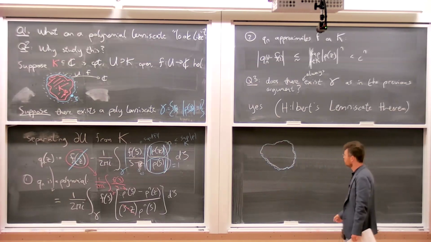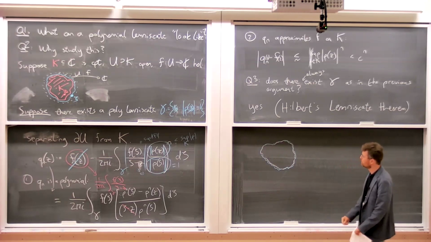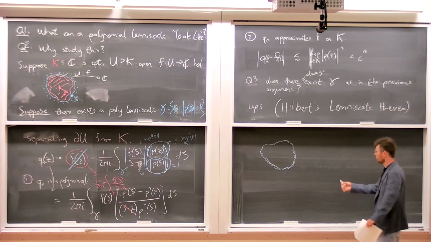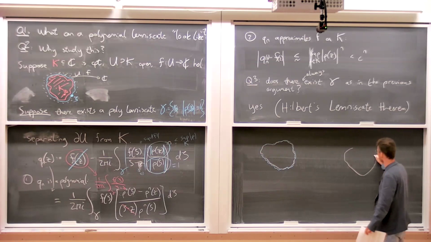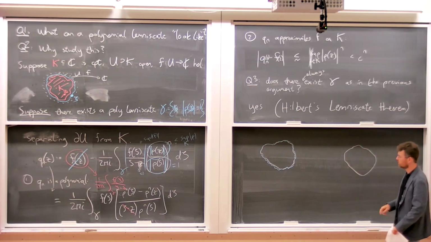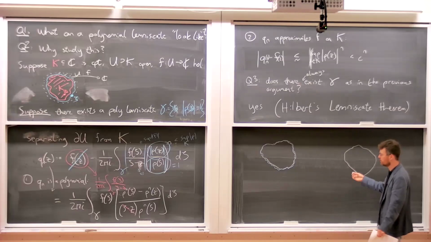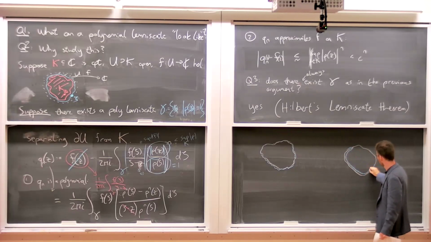And actually, it's a little bit more challenging than you would think to make this statement precise, because you might think, well, let's just use the Hausdorff distance. But if you have a Jordan curve like this, you can approximate it by another Jordan curve in the Hausdorff metric, which looks like this.